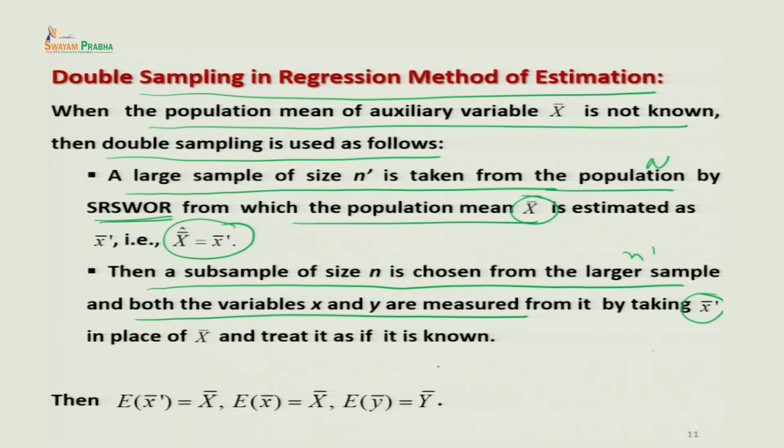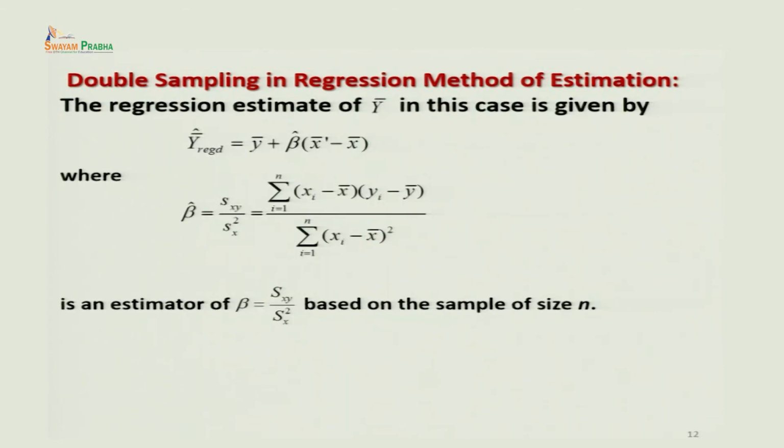In this case also, since we are obtaining the samples by SRS WOR, the expectation of all the sample means X bar prime, X bar and Y bar will all be unbiased estimators of their respective population means, no problem.